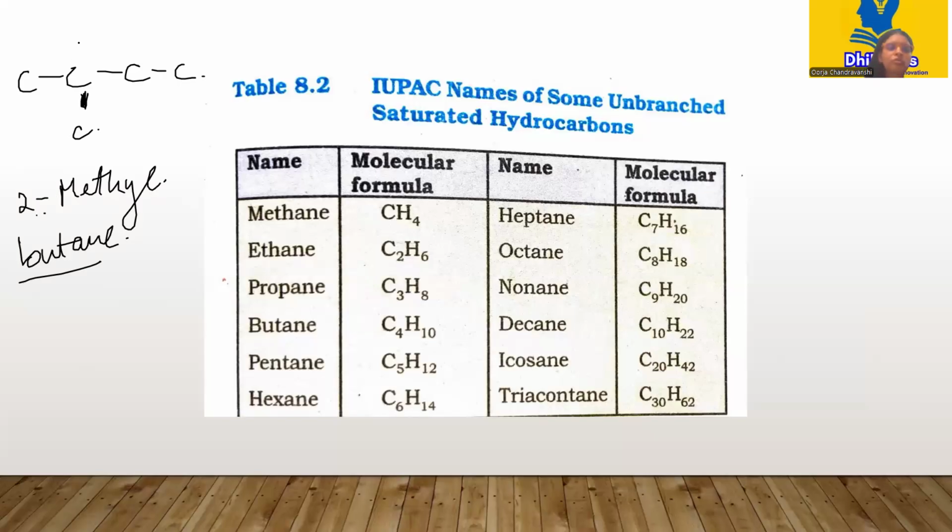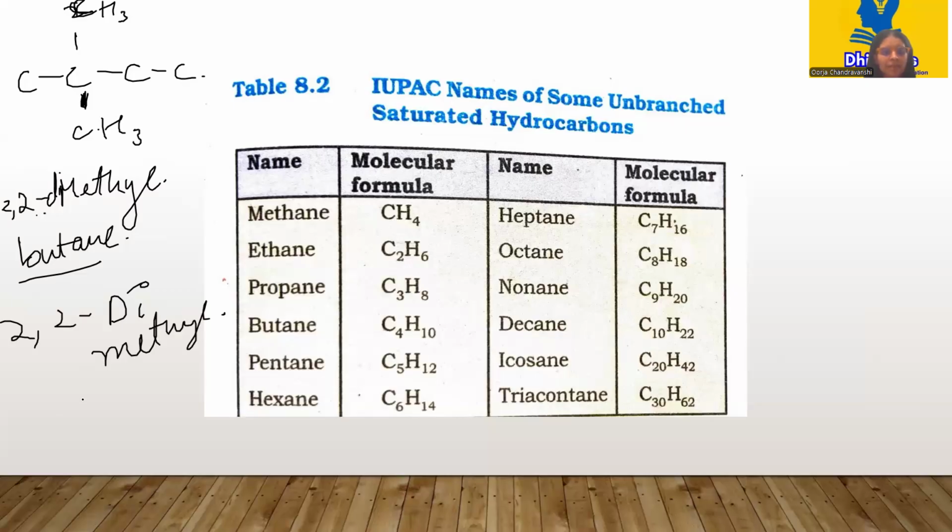Suppose I had one more methyl group here. It would be CH3 here like this. Then it would have become 2,2-dimethylbutane.